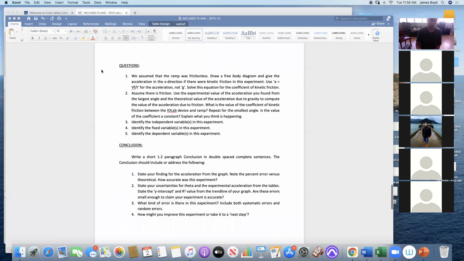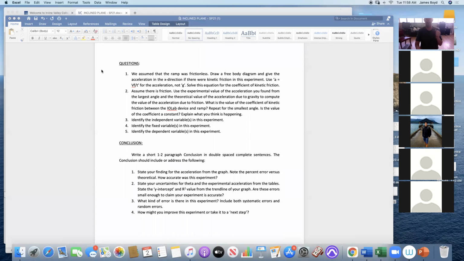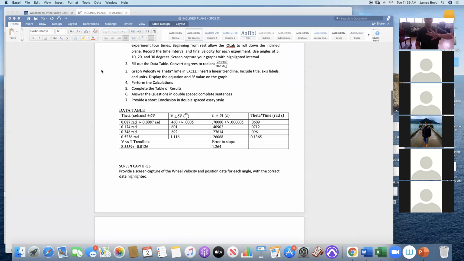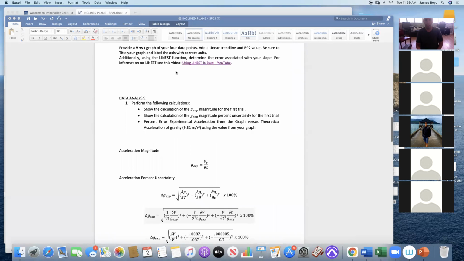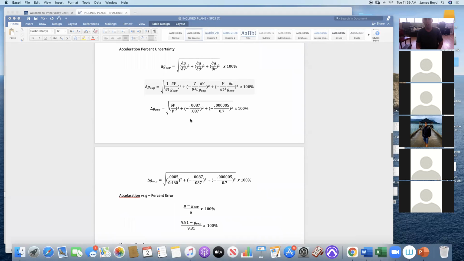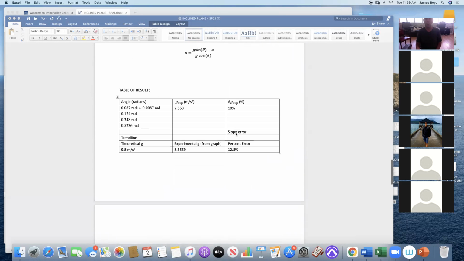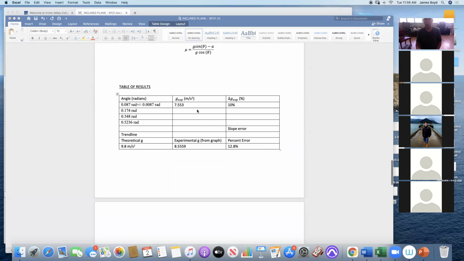So our questions. Okay, so I want the 4 screen grabs. I want the graph of velocity versus time, linear trend line, all that good stuff. I want the data table done. I want these calculations done for only the first one, but you're going to need to do all of them for all 4 trials, right?